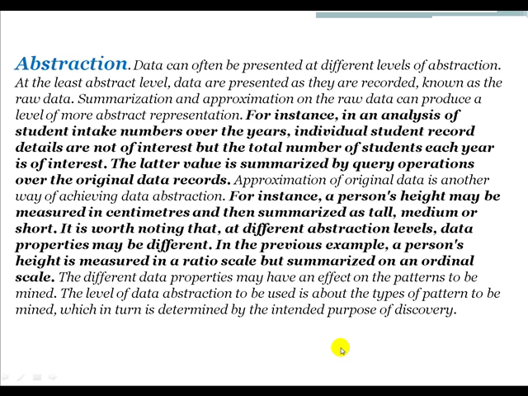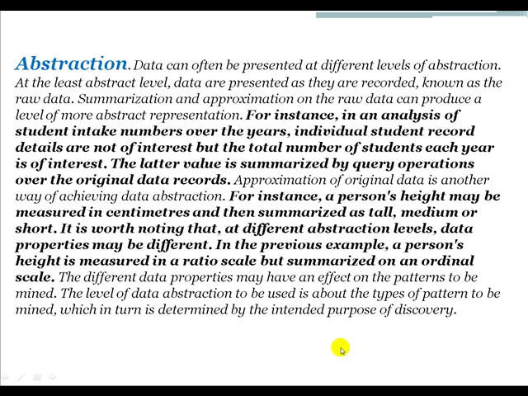We're just interested in the number in this particular question. But the total number of students each year is of interest. The latter value is summarized by query operations over the original data record. So you just do a sum, a total.